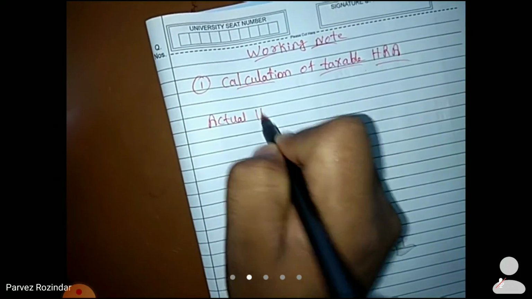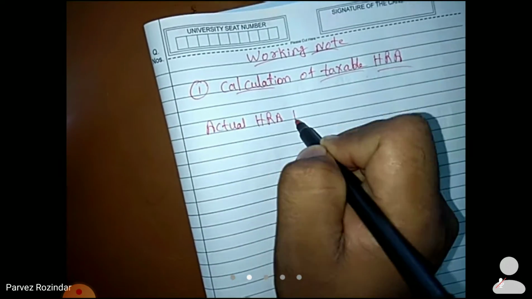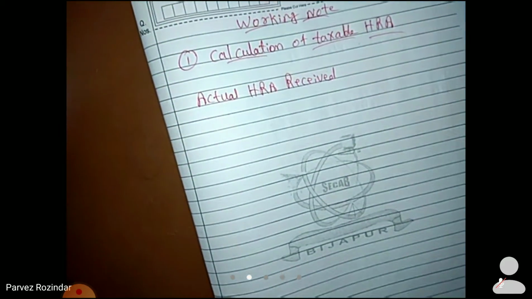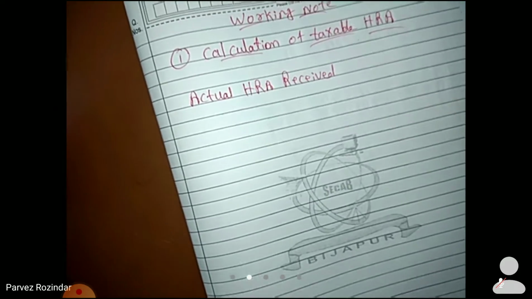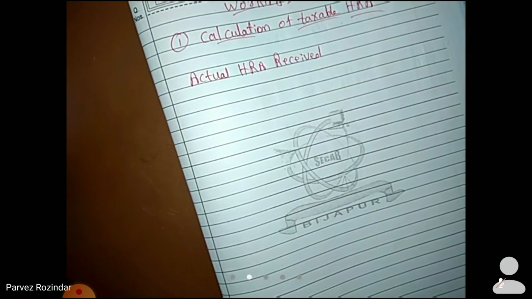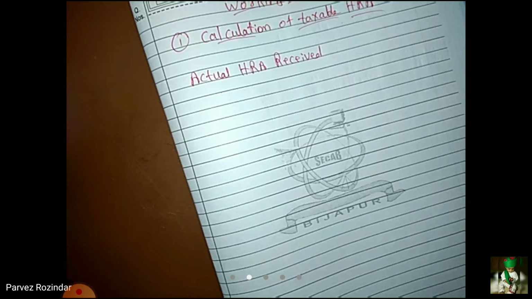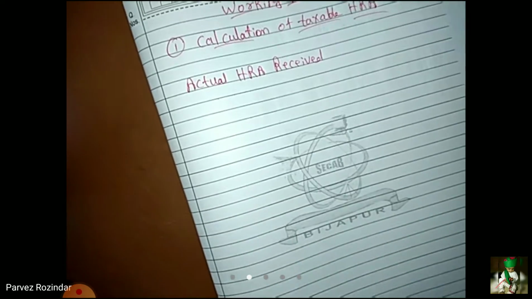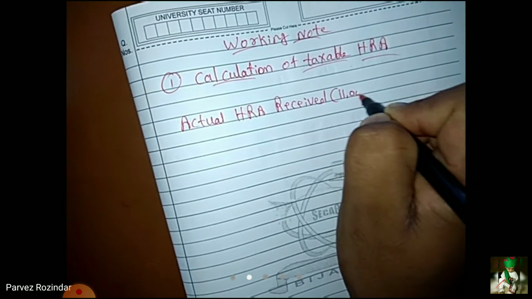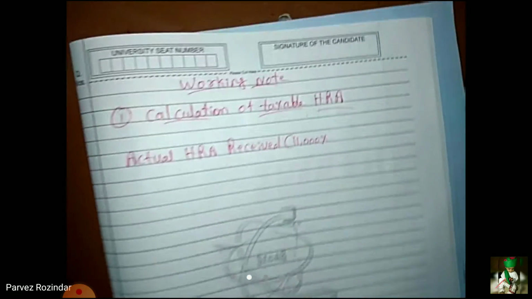Actual HRA received. How much is actual HRA received? 11,000 per month. So 11,000 into how many months should I take?